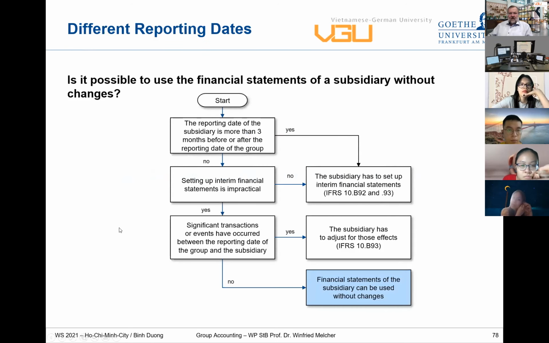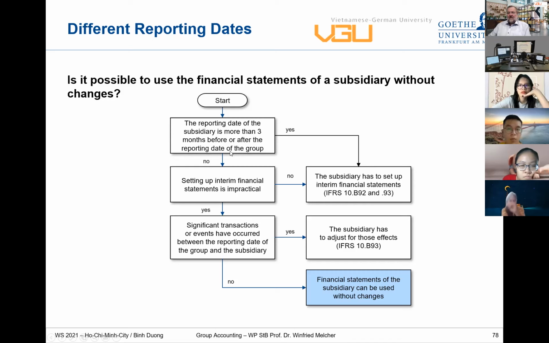And the problem is here, can you accept a subsidiary with a different reporting date, so with a different year-end date? And the rules are, according to IFRS 10, you will have to check whether the reporting date of the subsidiary is more than 3 months before or after the reporting date of the group.